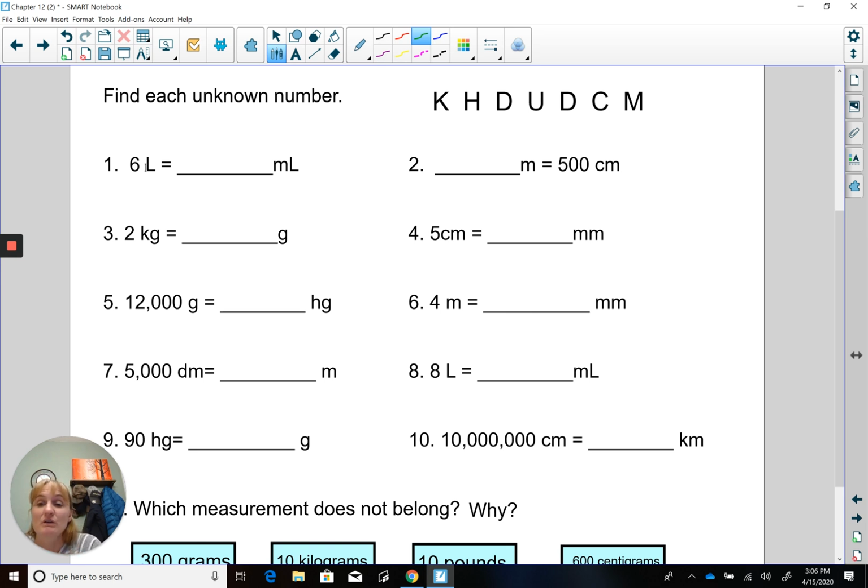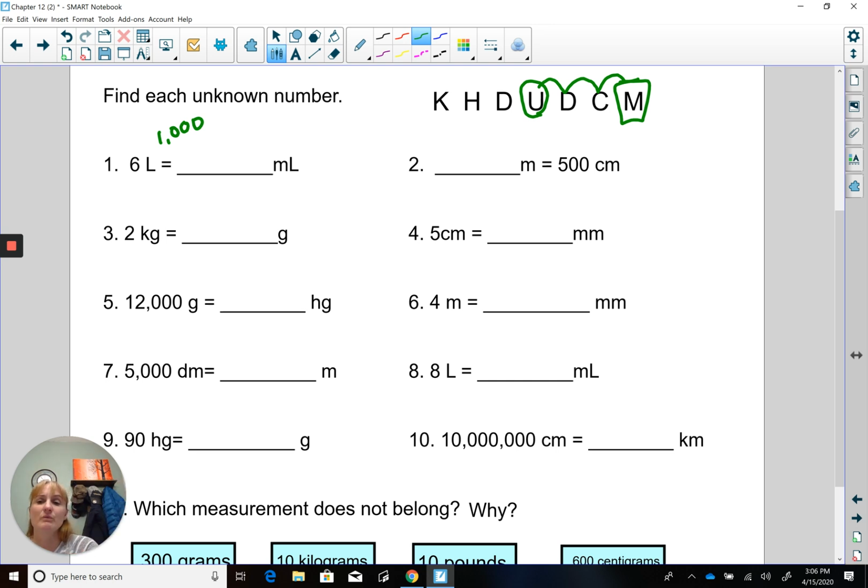Okay, so same thing, we have liters and milliliters. So our liters is our unit right here. Milliliters over here. How many times am I jumping? 1, 2, 3. So I know I'm going by 1,000. Am I multiplying or am I dividing?